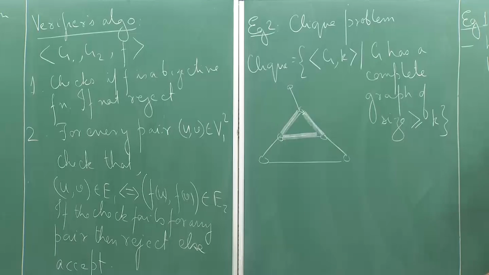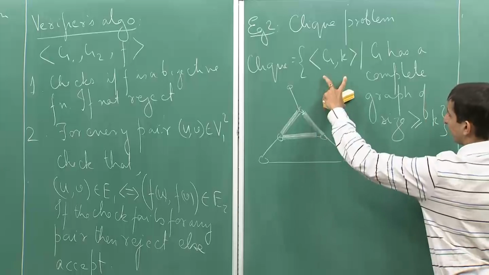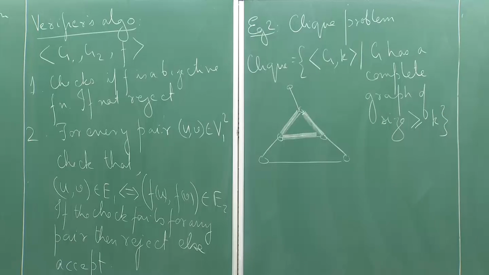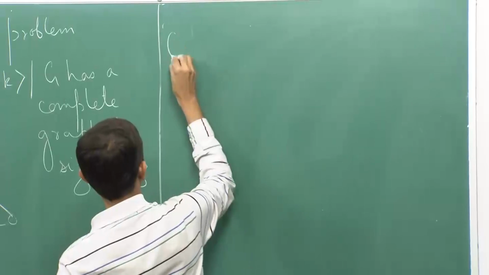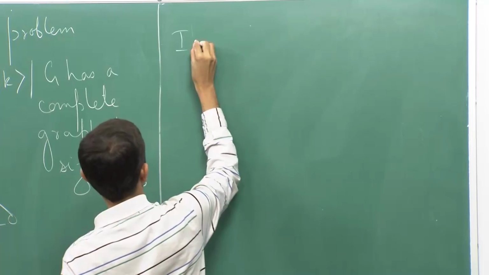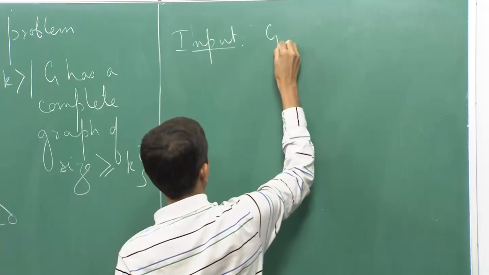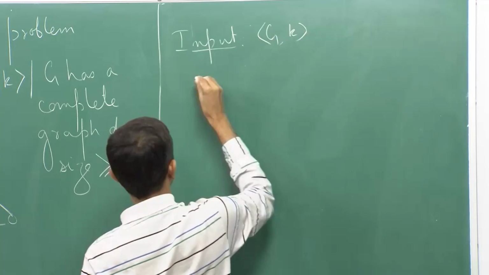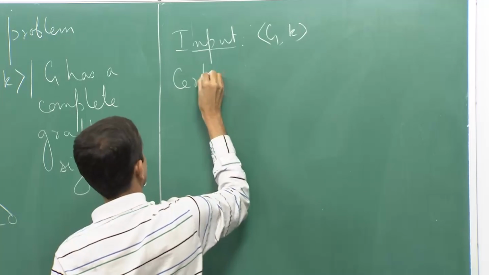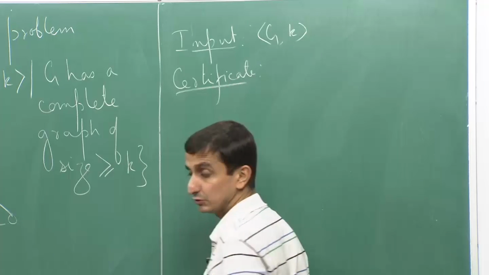So, now I want to argue that clique is in NP. So, our input is of course a pair of the form G comma k, and what we will take as certificate. Okay. So, we must be careful in choosing the certificate.